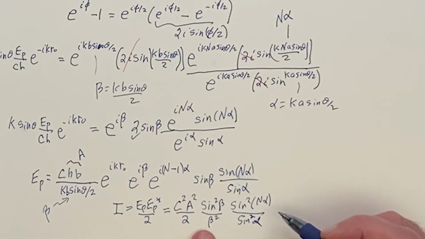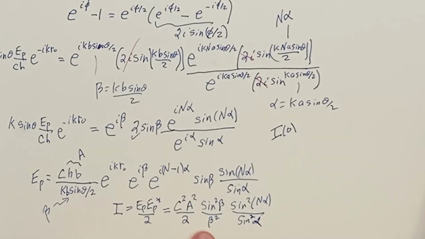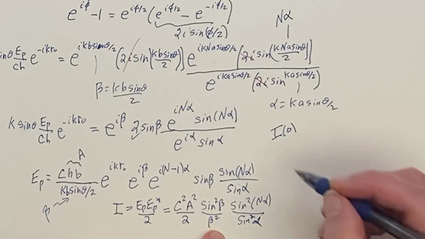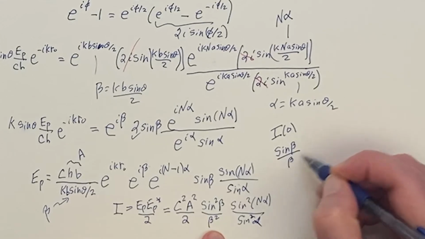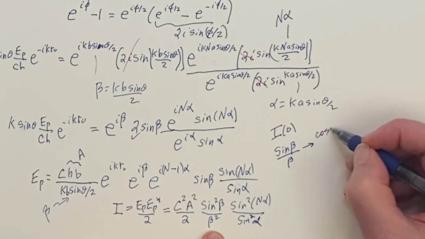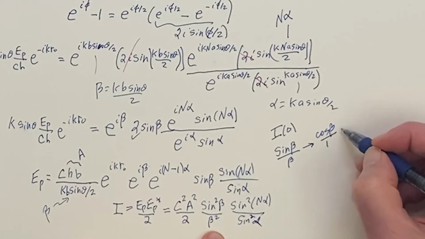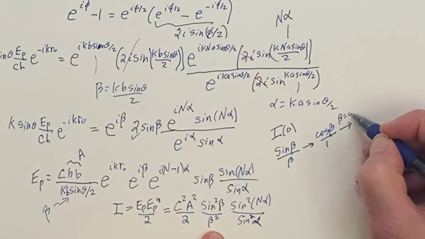But we really want this in terms of the I at 0 radians, or 0 degrees. So we look at L'Hopital's rule, and we did that before when we looked at sine of beta over beta. And by L'Hopital's rule, when you take the derivative, you get cosine of beta, and then here you get a 1. And that's going to be 1 when the beta equals 0.